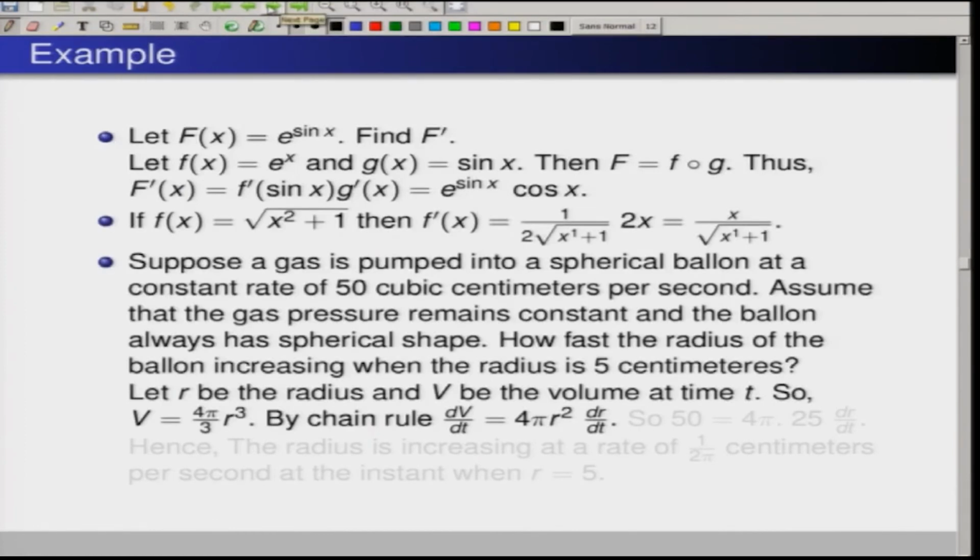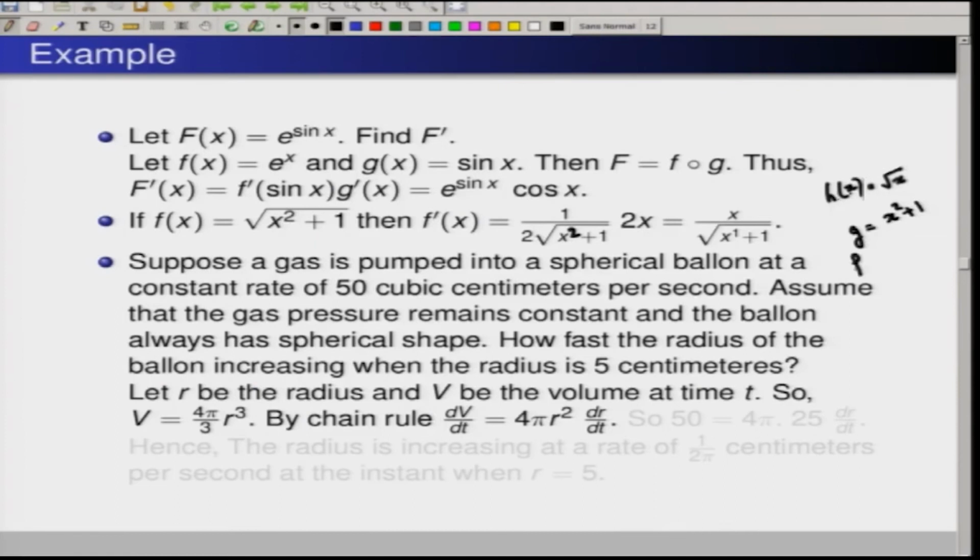Similarly, another example: look at f of x equal to square root of x square plus 1. Then f prime of x. Here you can say let h of x be equal to square root of x and g equal to x square plus 1.